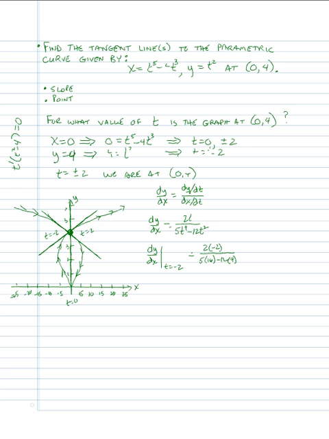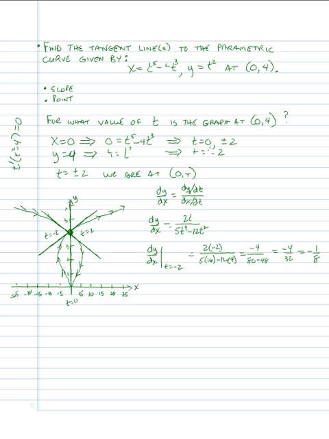Let's double check, that's a -4 divided by 5 times 16 is 80, minus 48, and I believe that's -4 over 32, which is -1/8. So that's the slope of one of the 2 tangent lines.